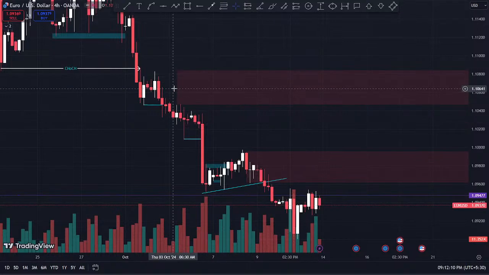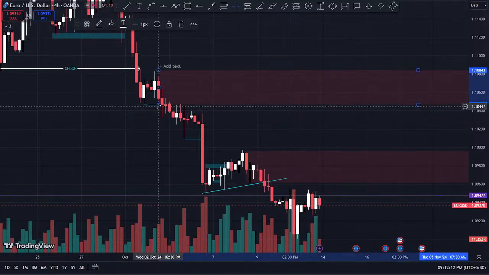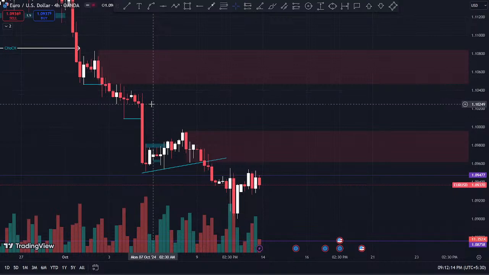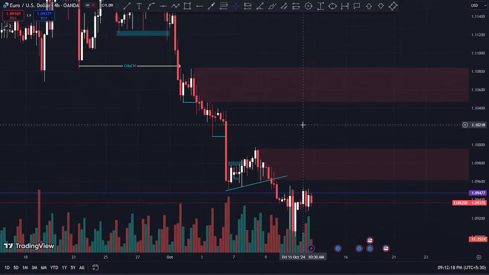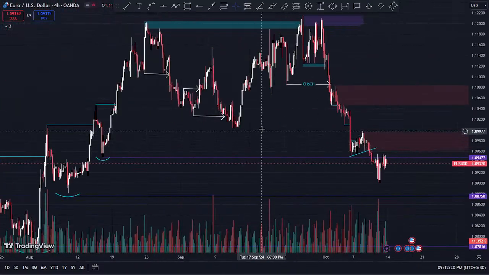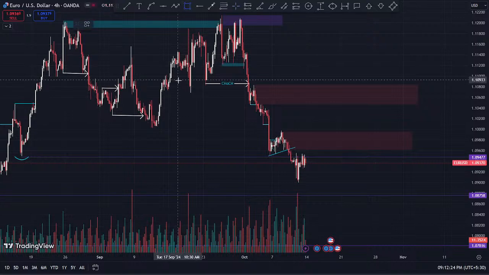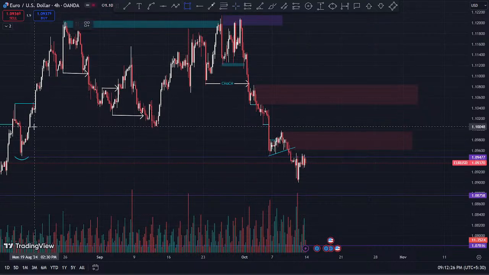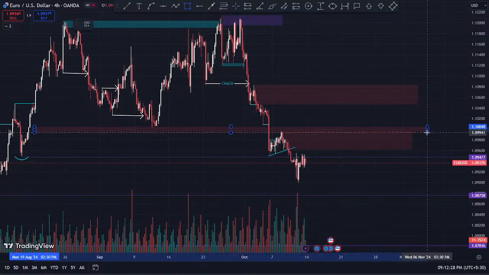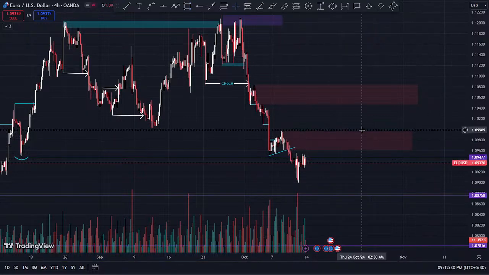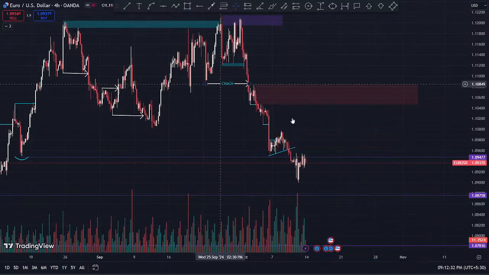Okay. We have no supplies on whenever. It also respected this zone, somewhat. Okay.